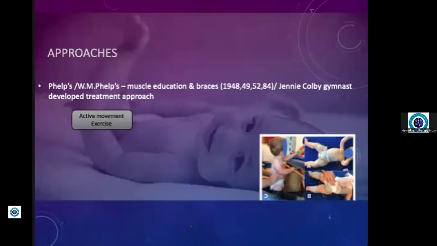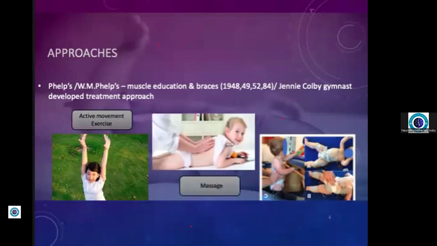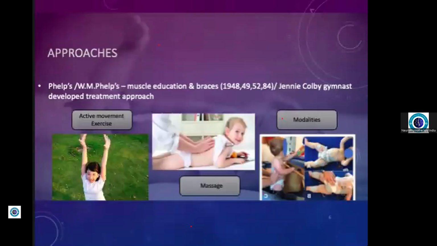We were majorly focusing on muscle education, and we were giving them more braces. This approach was developed by Jenny Colby, who was a gymnast, and we were giving a lot of active movement exercises, a lot of massage, and using some modalities. Okay, next.